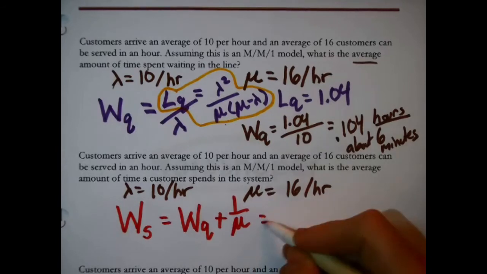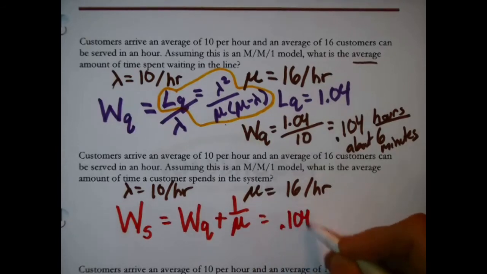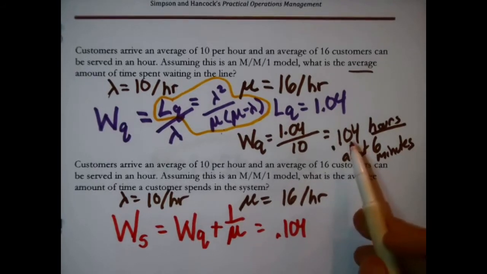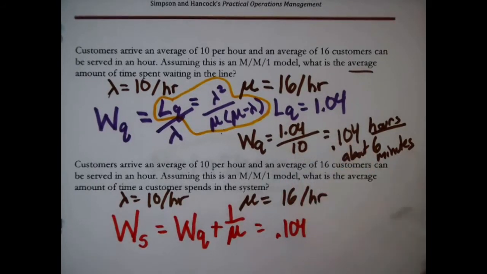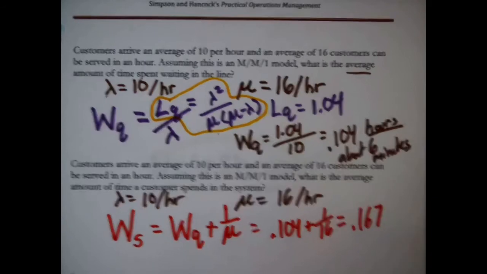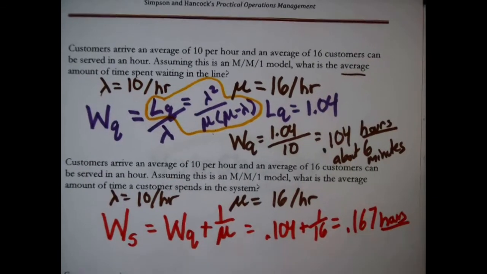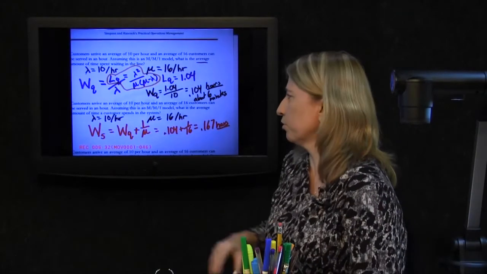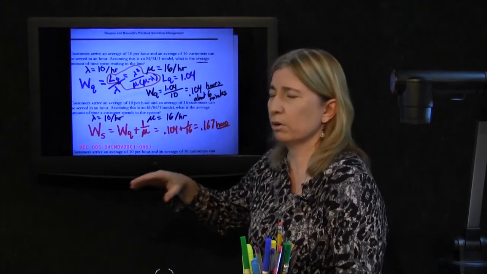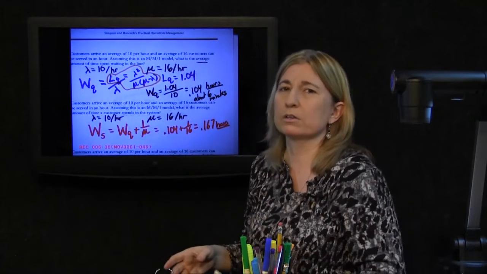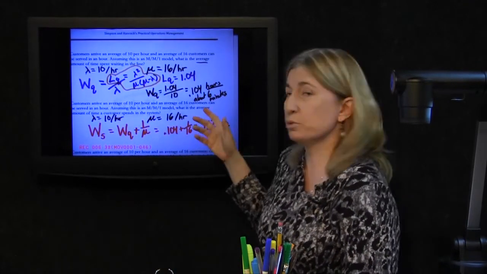So I'd take that 0.104 from where I was working up here and calculated WQ. There's them waiting in the line, plus 1 over 16. I get 0.167 then. And I remember that that's hours. So if somebody asked me, this particular system, overall, how long does it take? How much time do you spend there?